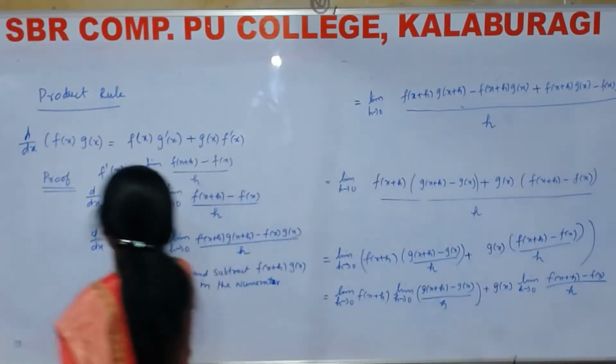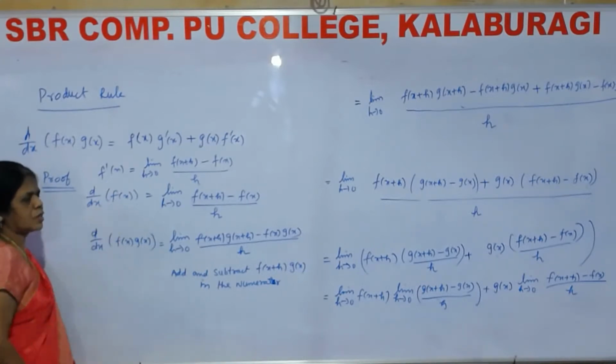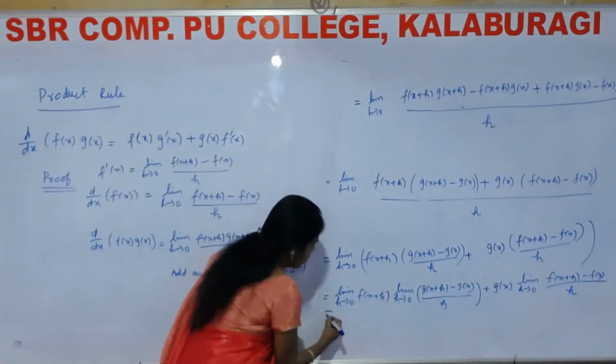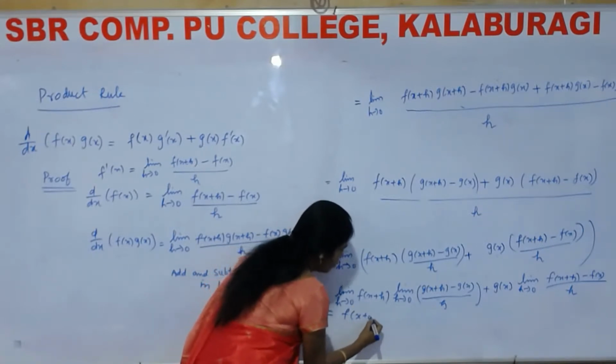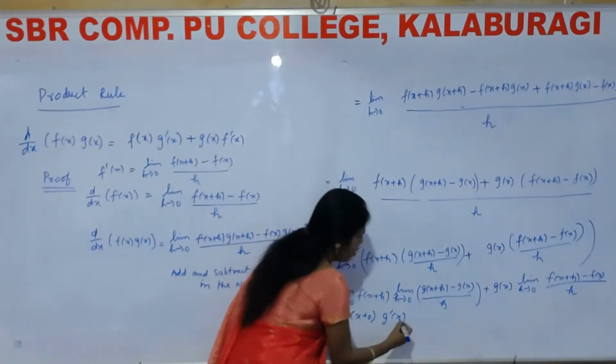So f dash of x is nothing but differentiation of f of x. Any doubt? Can you tell me what it is? Please tell me, students. Substitute f of x plus 0 into g dash of x, plus.